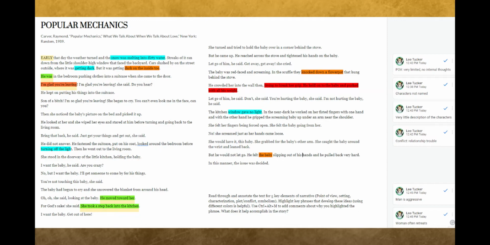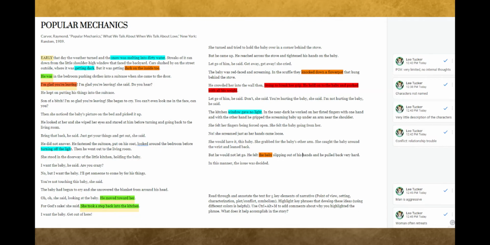I made some notes of characterization and how characters are developing. The man you see there is very aggressive, and then the woman often retreats, so there's this back and forth that happens. And then setting. I marked some stuff with setting, with the snow, with the darkness, with the kitchen and all that.